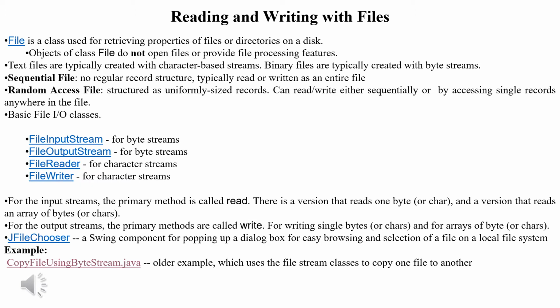Let's see how we can read and write with files. File is a class used for retrieving properties of files or directories on a disk. Objects of class File don't open a file or provide file processing features.